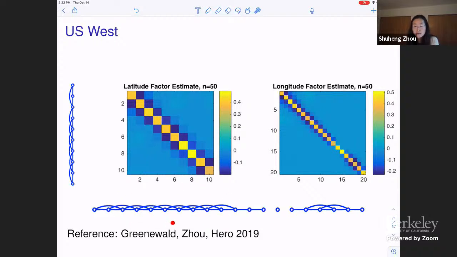It also looks like an AR2, but in the middle it's broken, and this corresponds to the Rocky Mountain, because we know the wind is created by the pressure gradient of the air, and then the mountain acts as a barrier. So this shows the disconnectivity of these 2 components. And of course, those are the partial correlation graph, or the inverse, the precision graph from this data.